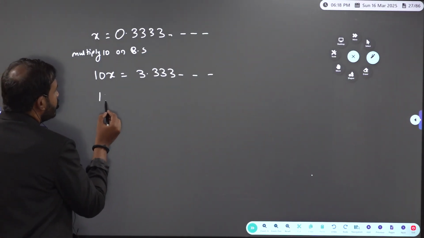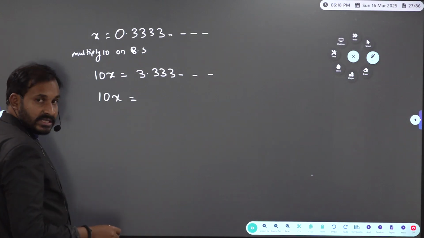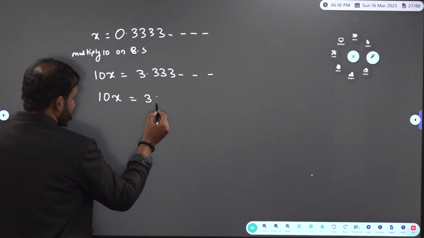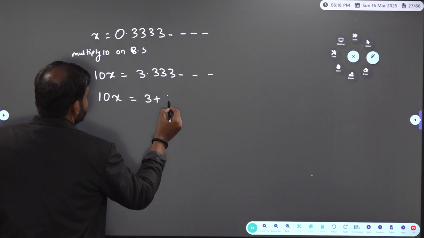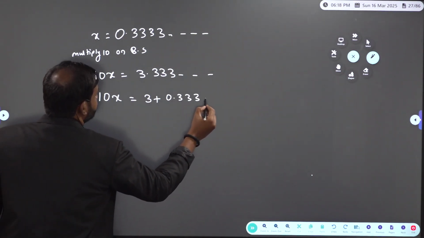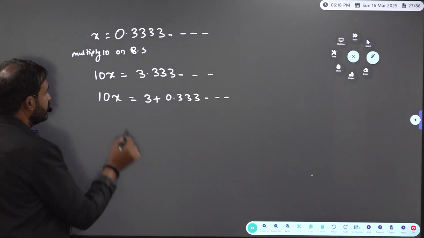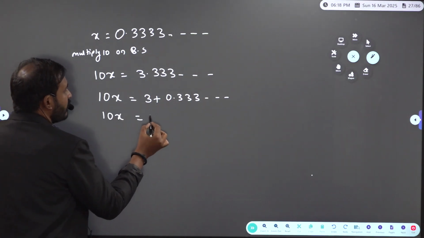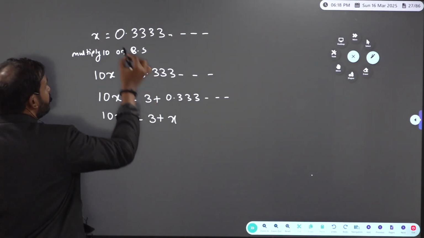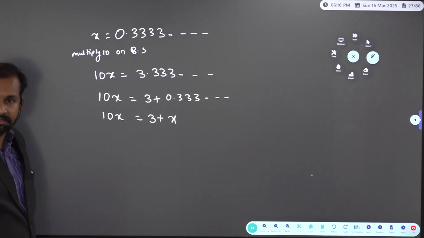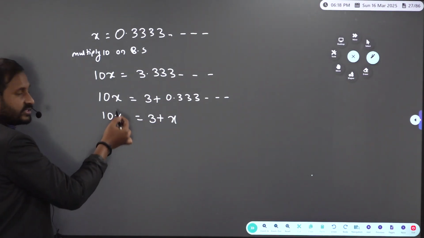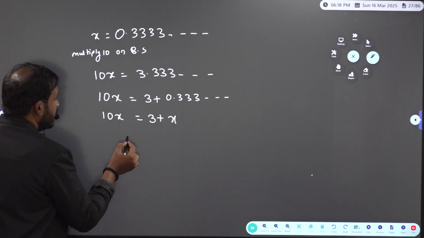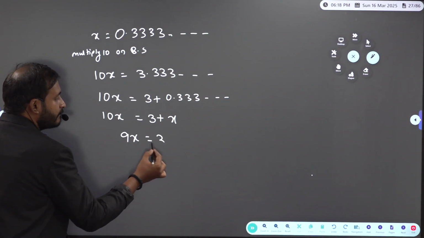So now I will write it as 10x is equal to 3 plus 0.3333. Yes, I can write that. Now 10x value will become 3 plus x, because x is equal to 0.333, something like this. So when I send x to this side, it will become 9x is equal to 3.